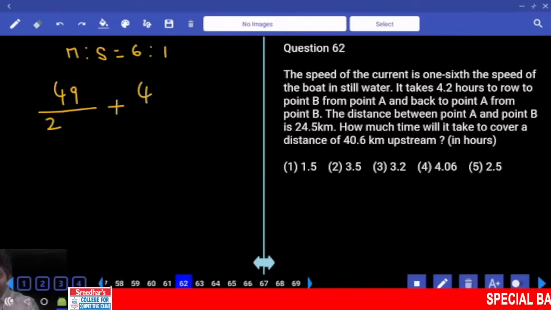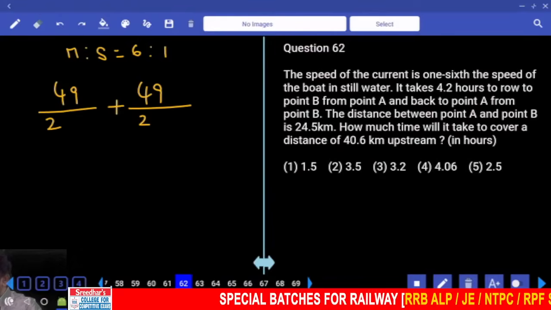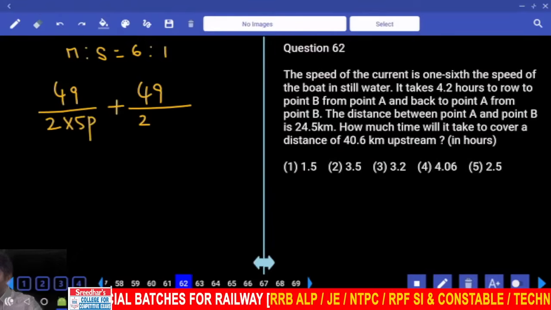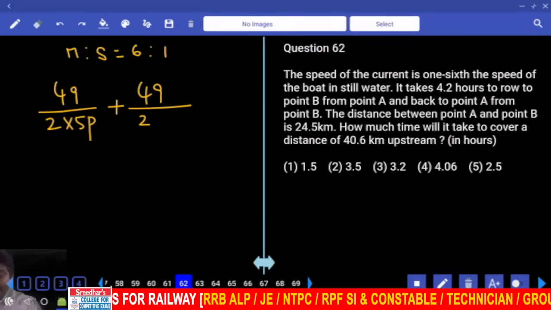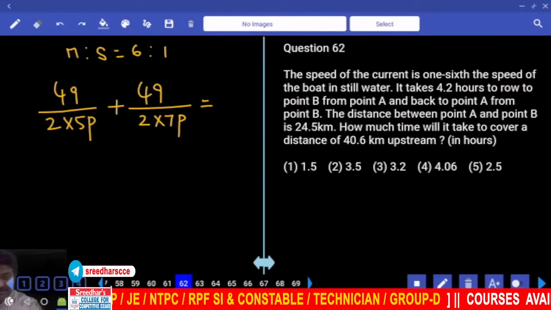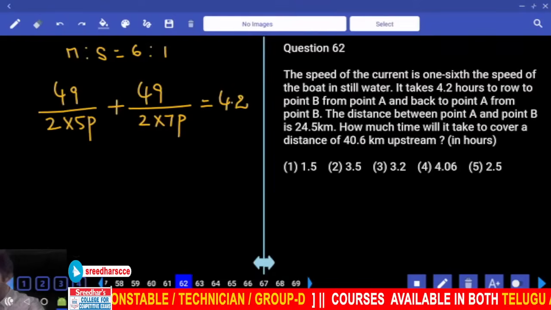Again, return direction 49/2. One direction must be up, the other direction must be down. Upstream speed, m minus s, 5 parts. Downstream, 7 parts. And the total time taken is 4.2 hours. Leave it like that.